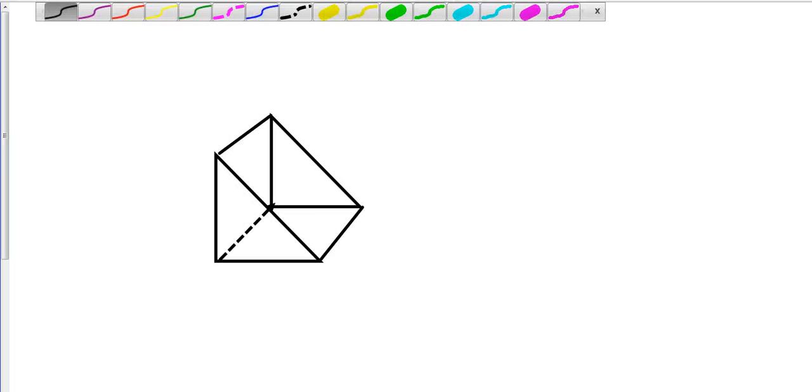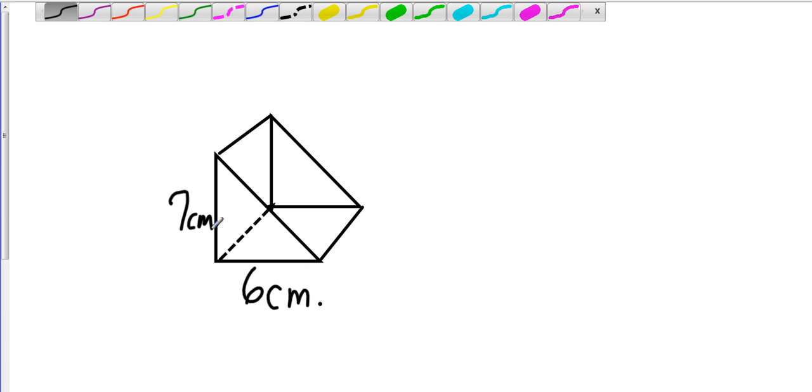Let's look at another shape. All right. So we've got a triangular prism here. Let's go ahead and take a look at this. Let's call this 6 centimeters and 7 centimeters.